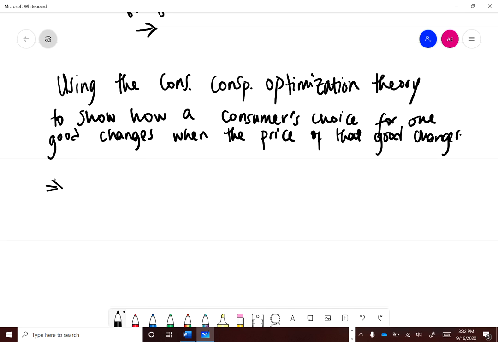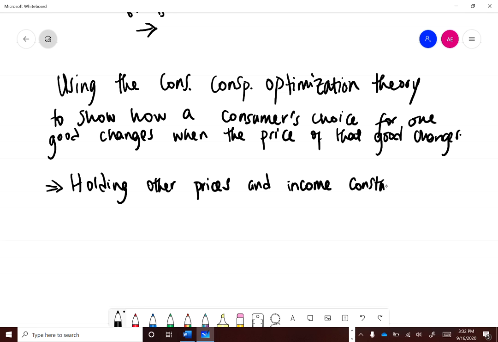So holding other prices and income constant, we can trace out the demand function. Right?